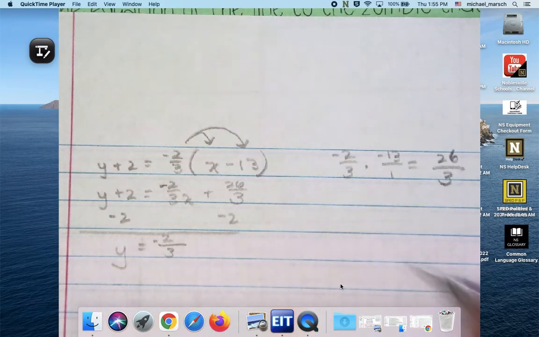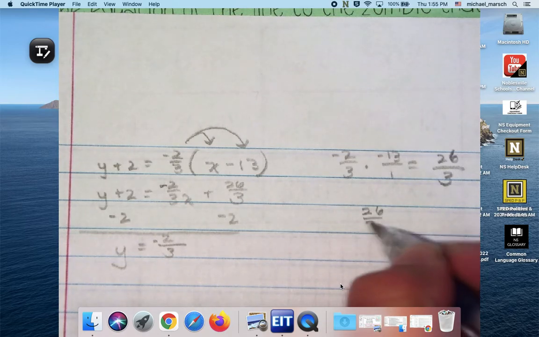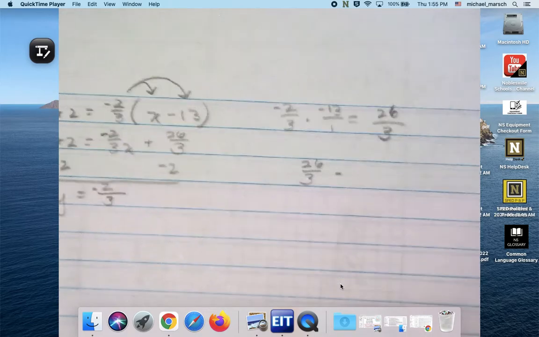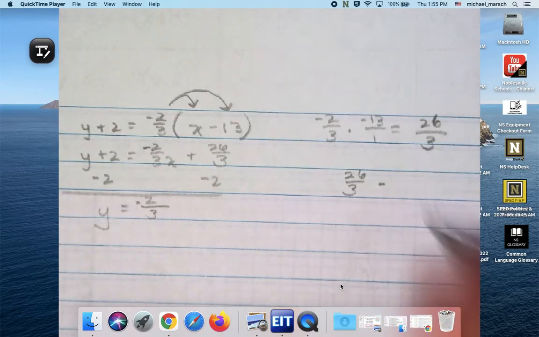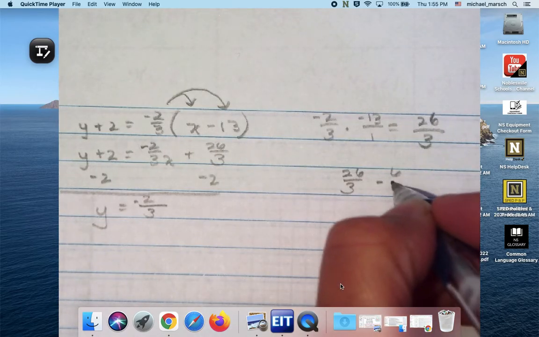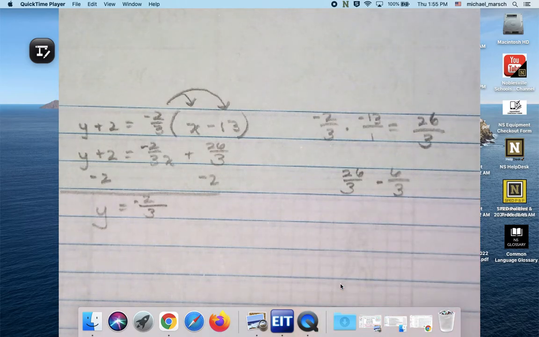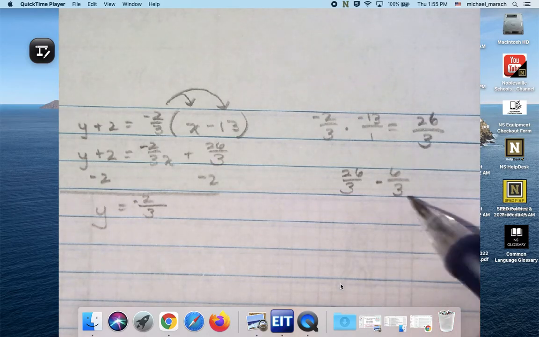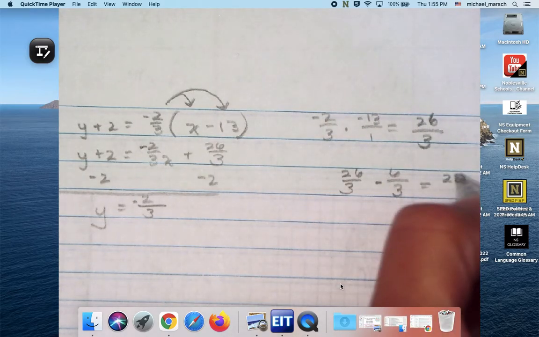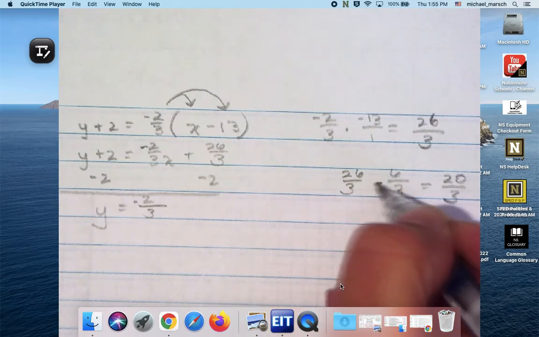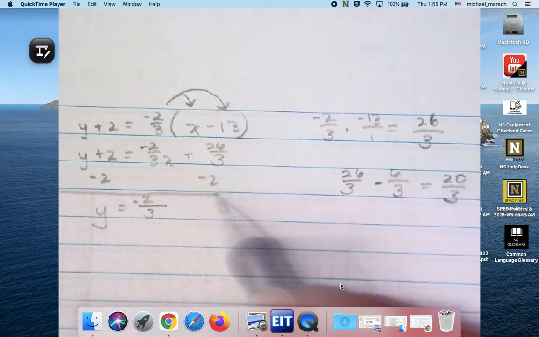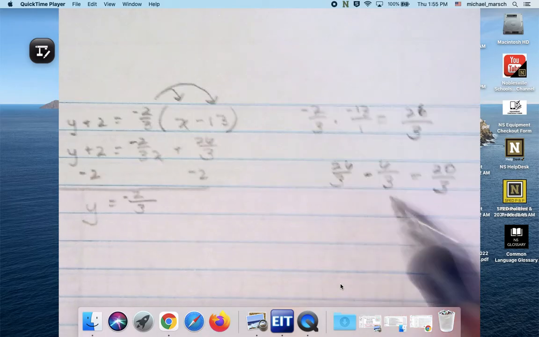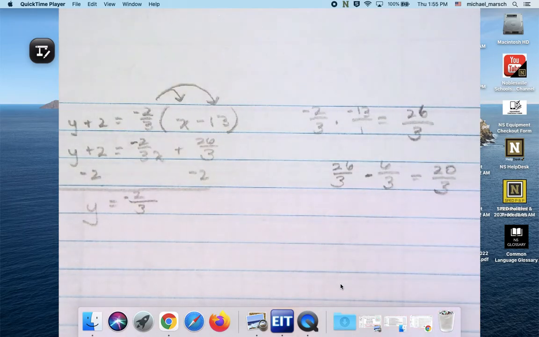Then I've got 26 over 3 minus 6 over 3, because that's how I'd write subtract 2. Right, so I converted this 2 into a 6 over 3 because I'm subtracting that, and I get 20 over 3.